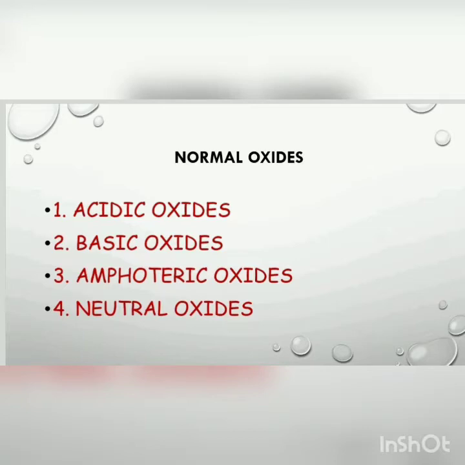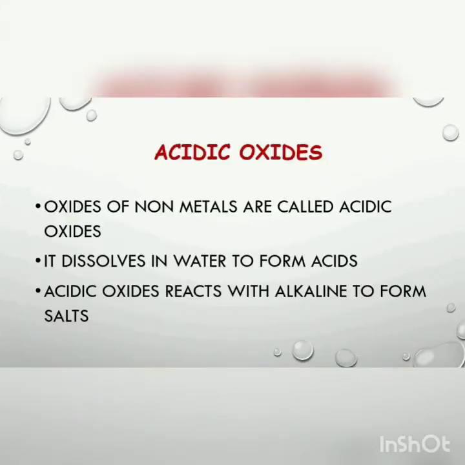An amphoteric oxide can react with both acids and alkalis to form salts. And a neutral oxide does not react with either acids or alkalis. Yes, understood? So we have 4 types of oxides: acidic, basic, amphoteric and neutral.